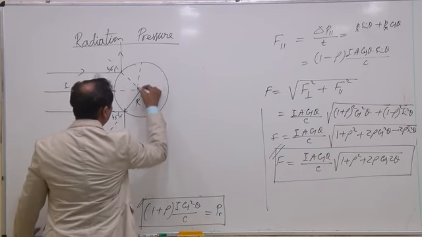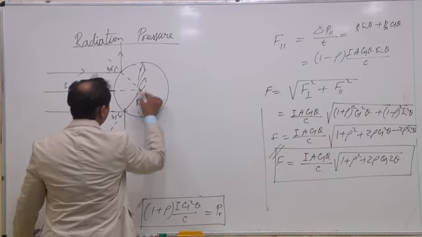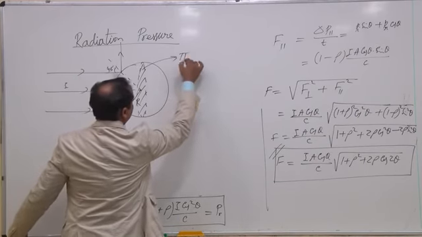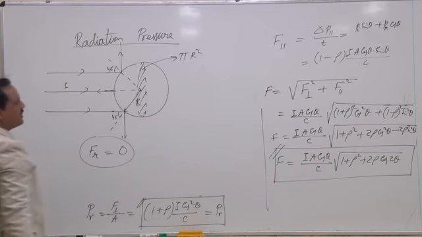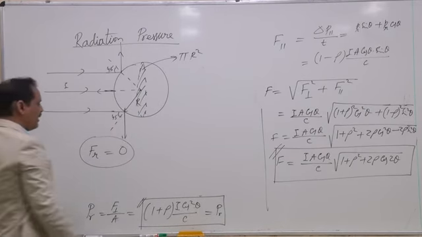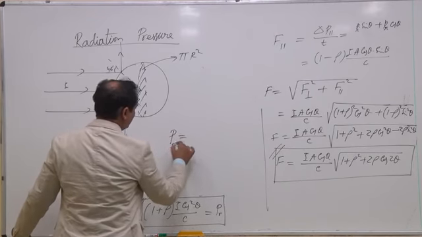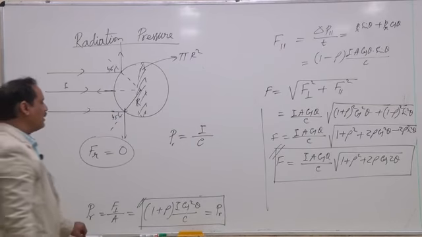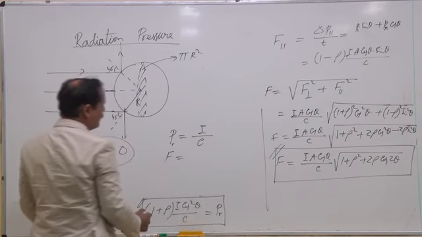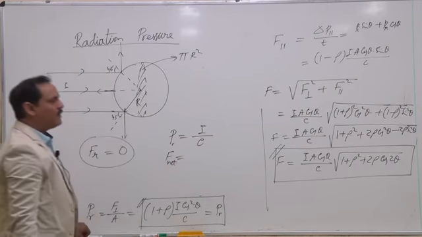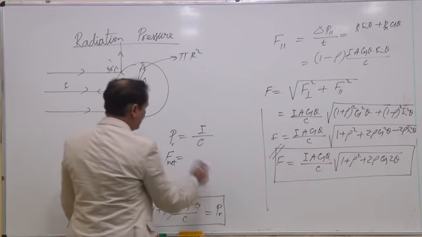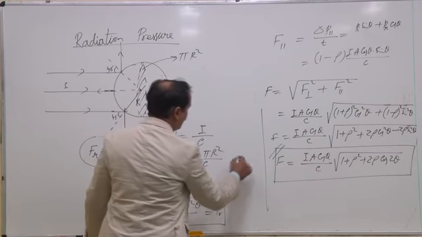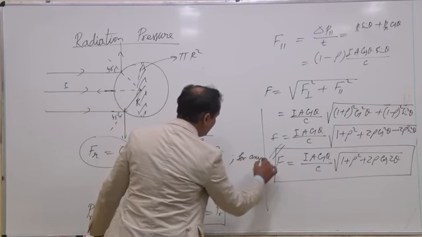And for incident light, we have the projected area, normal area. Normal area of spherical surface is pi r square. This is area projected perpendicular to the incident light, and in this situation pressure is equal to I by C. Net force on the surface, whatever be the coefficient of reflection, is equal to I into pi r square by C for any value of rho.